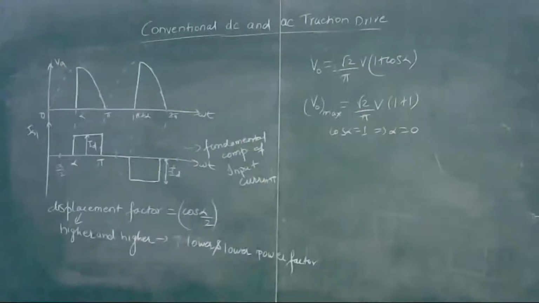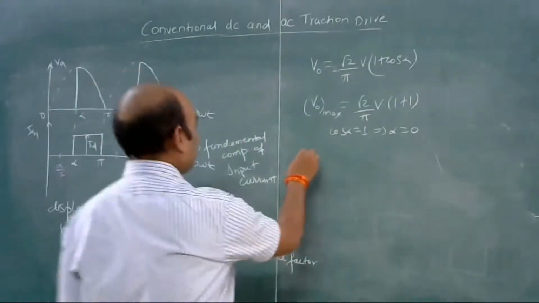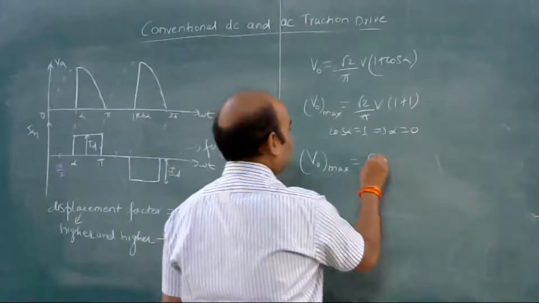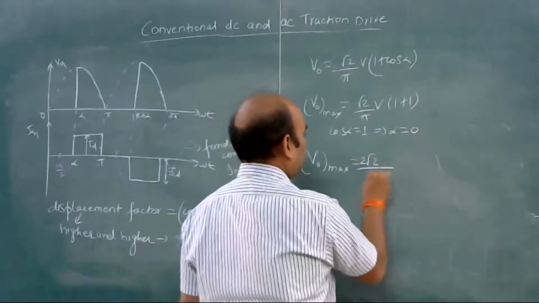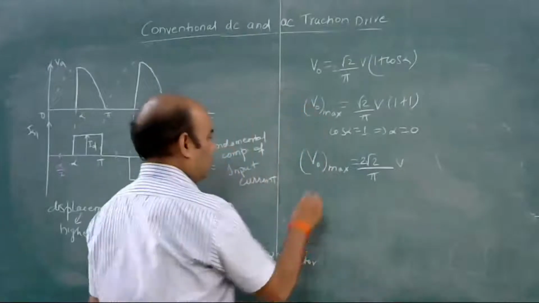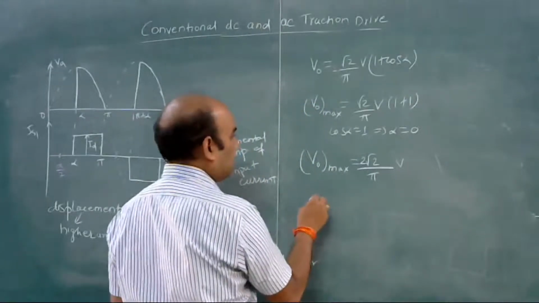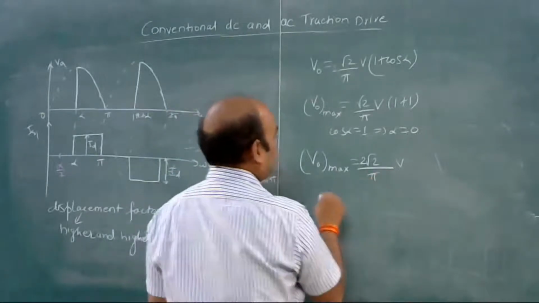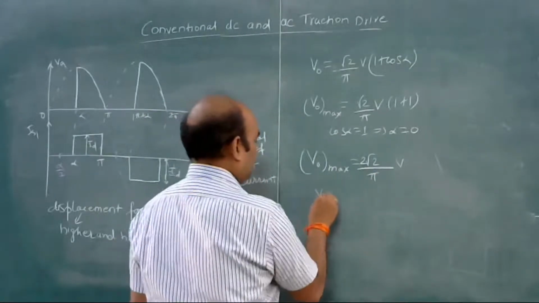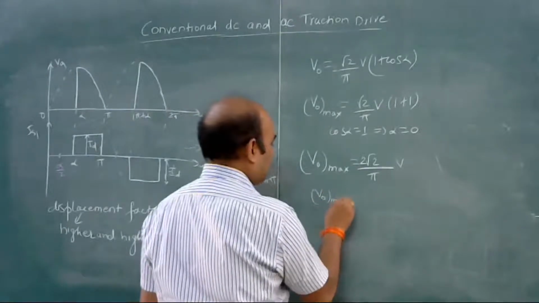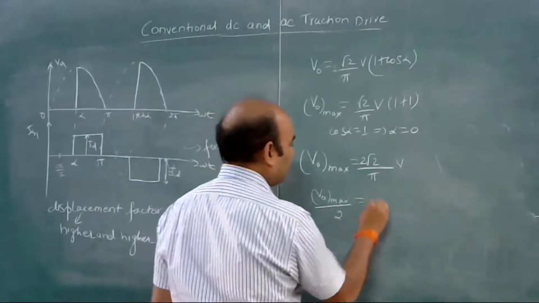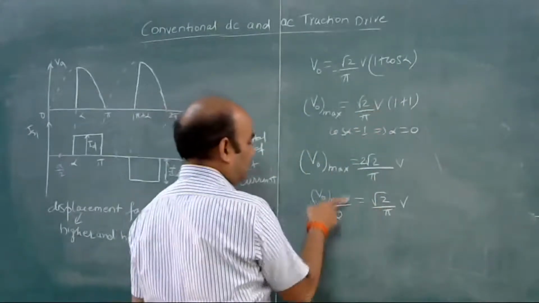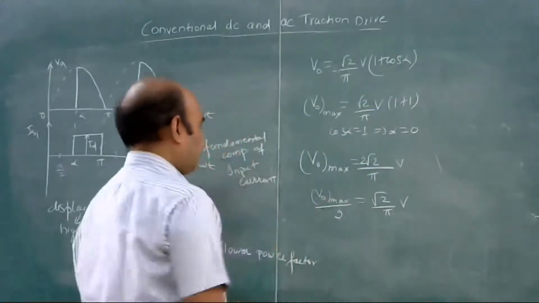So V naught maximum is equal to 2 root 2 V upon pi.